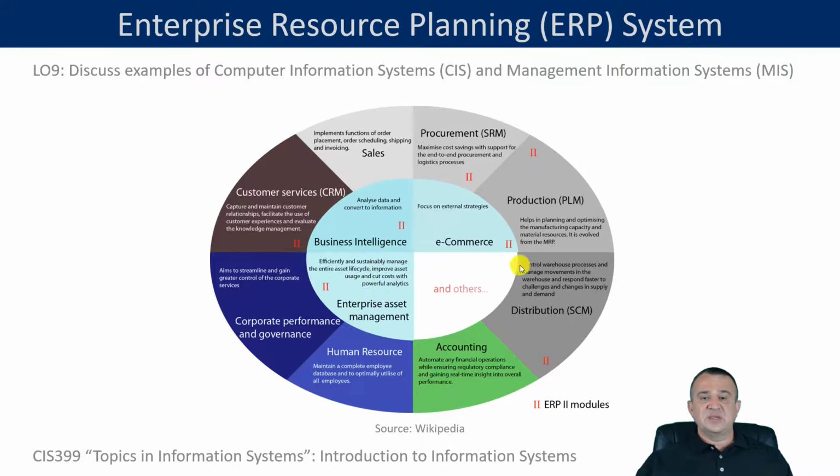So an ERP system is comprised of a number of modules or subsystems like customer service management system, procurement management system, human resource management system, and things like that. So each of those systems can be viewed as an example of management information systems, because they're used by management to manage a particular aspect of operations. For example, human resource management systems are used by human resource managers to manage their human resources, right? So that's an example of a management system.